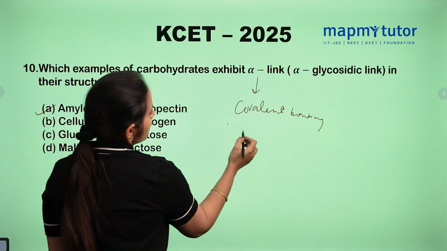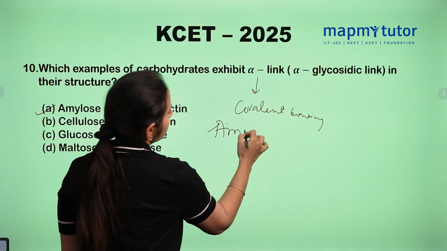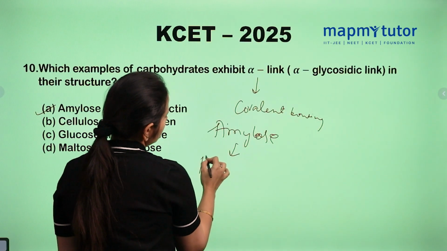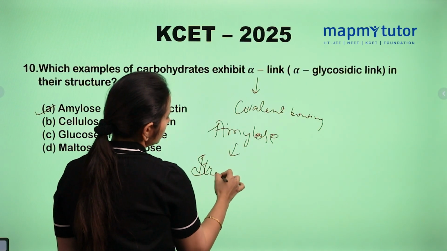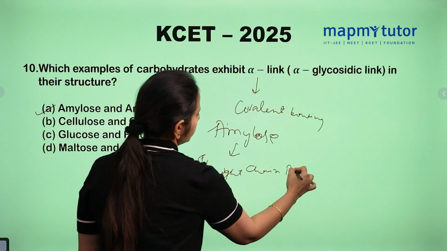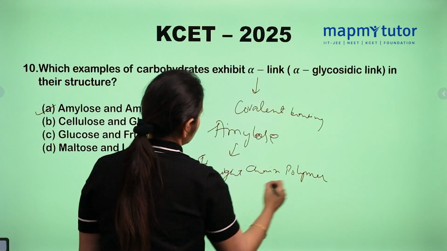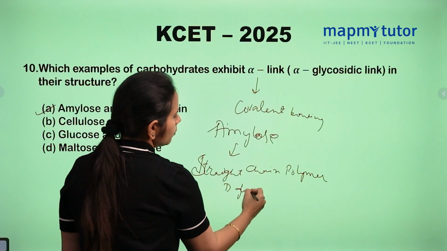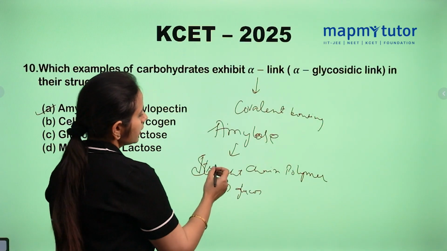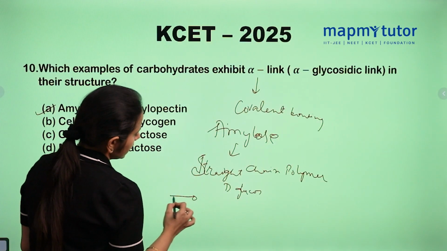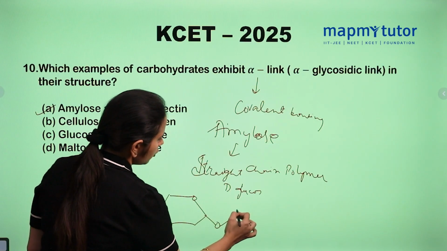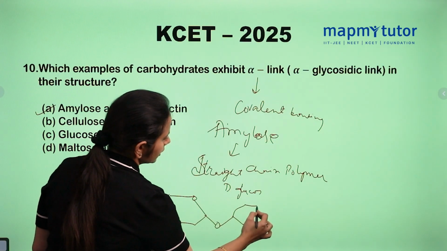Amylose is a straight chain polymer of D-glucose, while amylopectin is a branched chain polymer of D-glucose. In this case, the linkage is like this. Let's say this is a D-glucose and oxygen linkage. This oxygen linkage is known as alpha linkage.